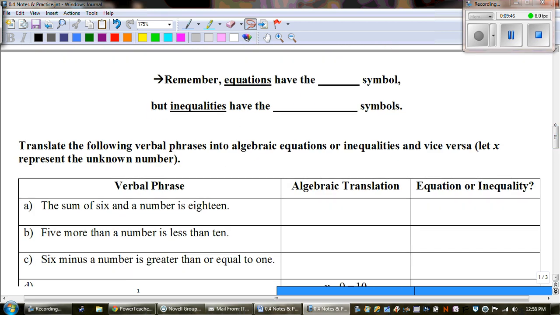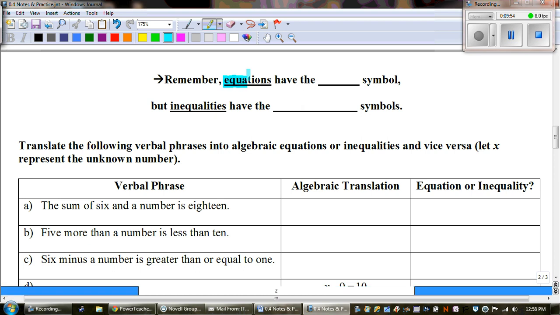So just remember, equations have what symbol? An equation has the equal sign. And the inequalities, we have the 4, and we talked about those 4 yesterday.